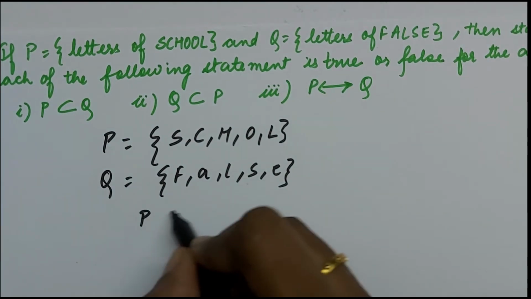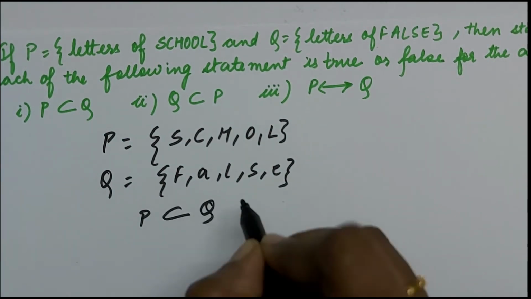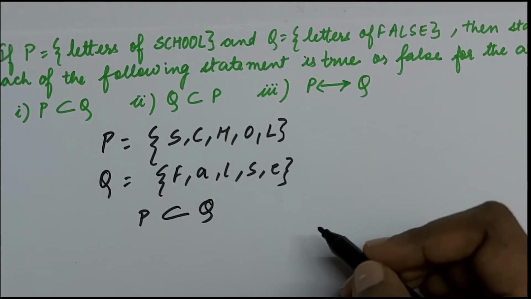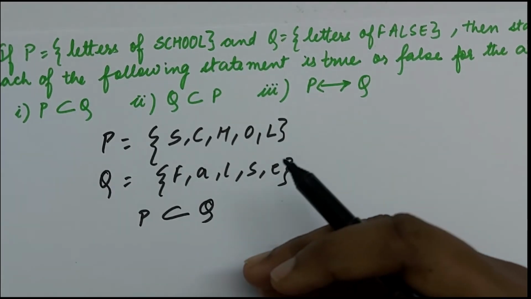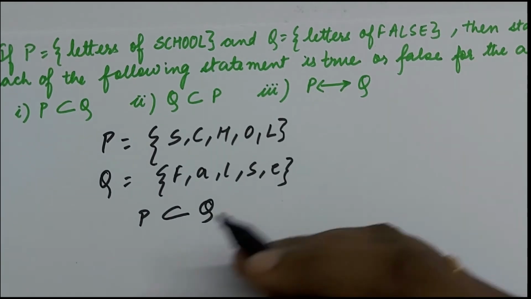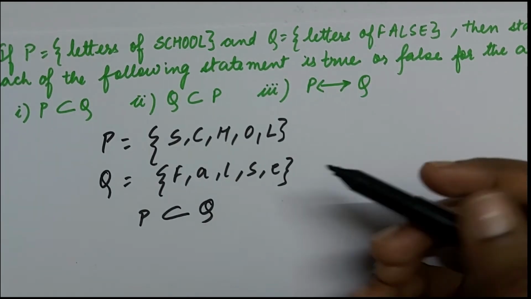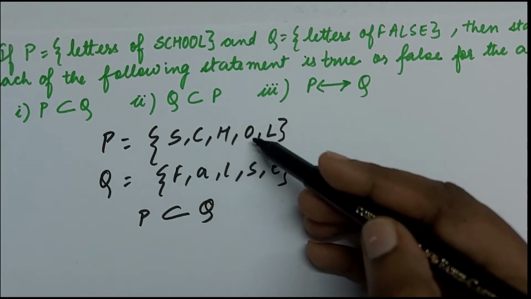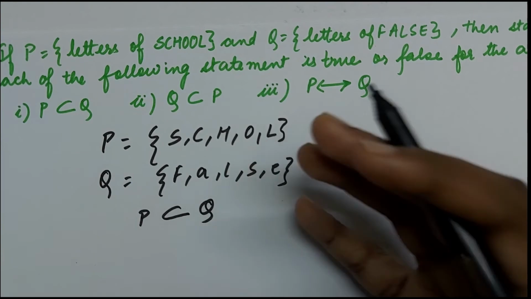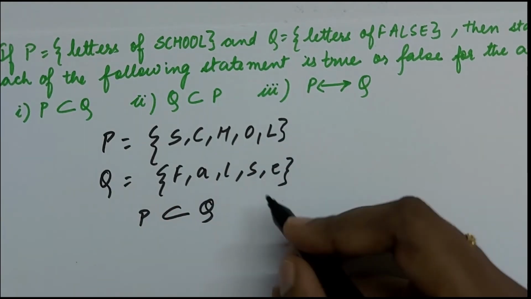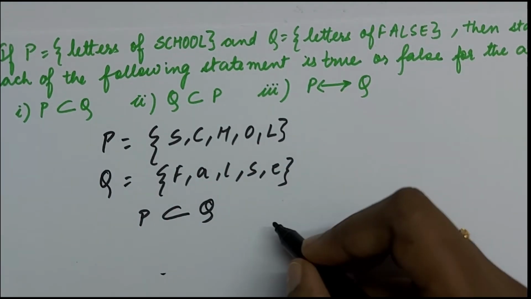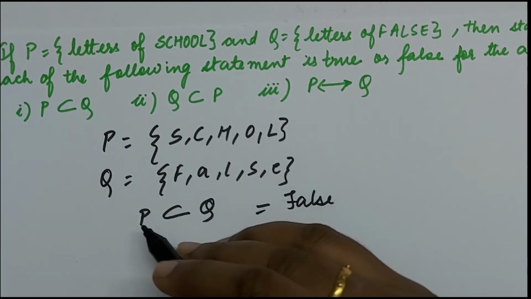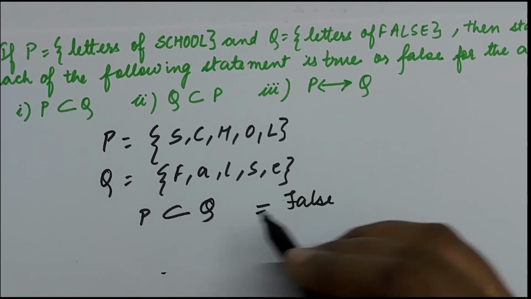So what about P is a subset of Q? P is a subset of Q if all the elements of P are there in Q. But if you see, S is there, C is not there, H is not there, O is not there, but L is there. All elements of P are not in Q. So we cannot say that this is a subset. This is false.